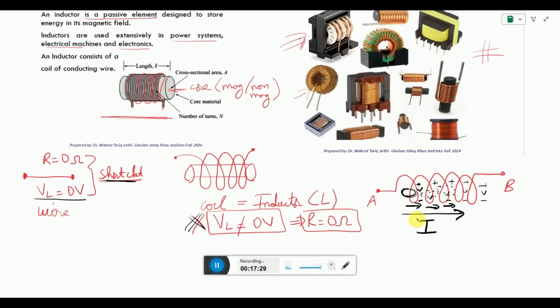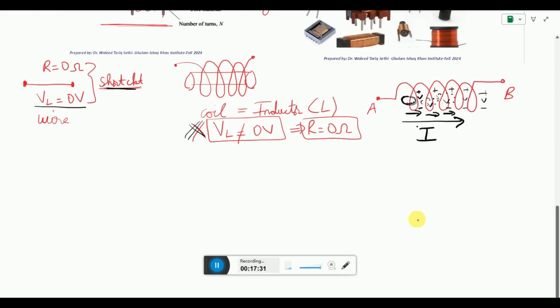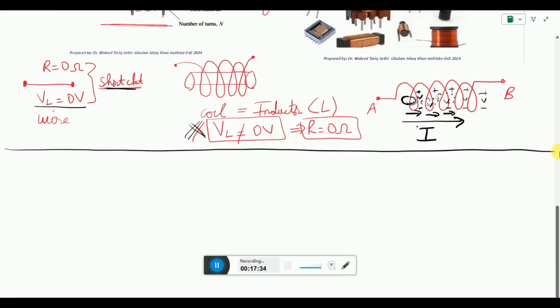So the main equation that we get after all this discussion is this, and let us further refine the definition of an inductor.